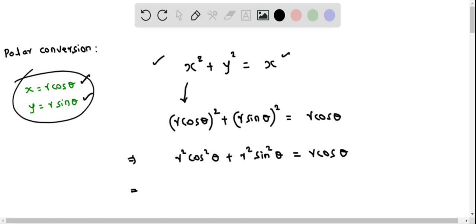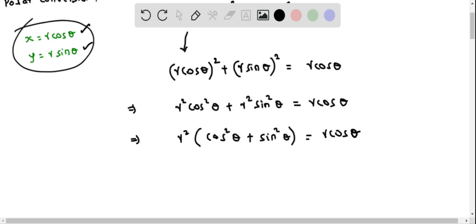Now on the left side we can factor out r squared from both terms, so we will have r squared times (cosine squared theta plus sine squared theta), and this equals r cosine theta on the right side.